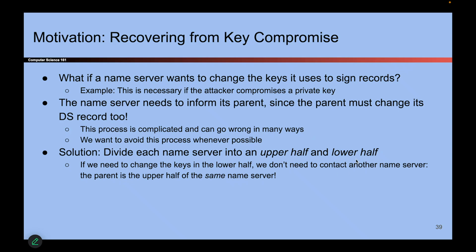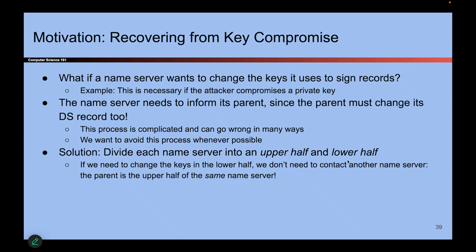You're the same name server. So if the lower half's public key or private key gets compromised, they still have to report to their parent. But instead of talking to another name server that's complicated, you can just talk to yourself and say, hey, me, I've broken my key and I have to change it. And myself, I would answer by saying, yeah, that's fine, rock on. I'll give you a new public key and a new certificate, and everything is good.